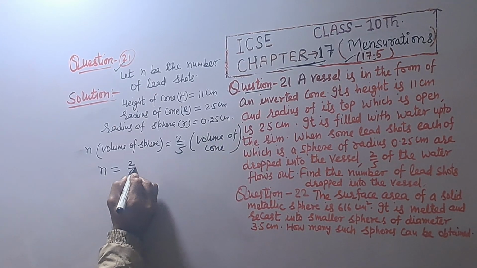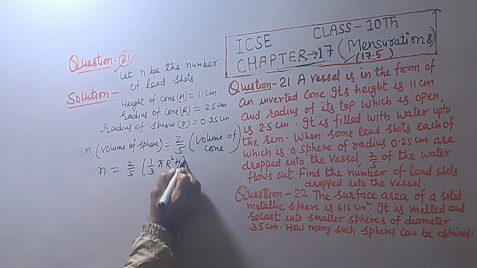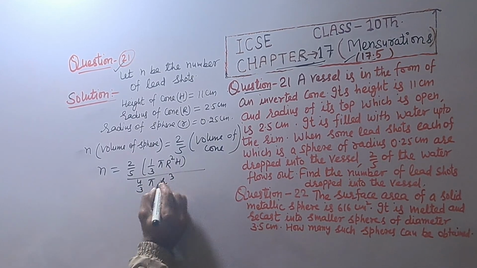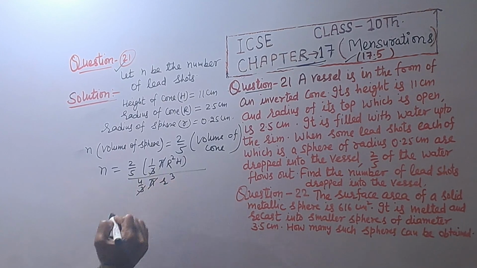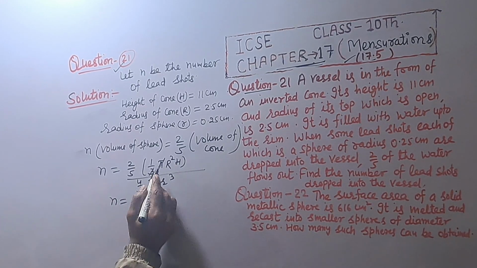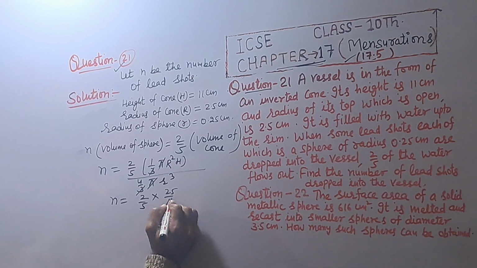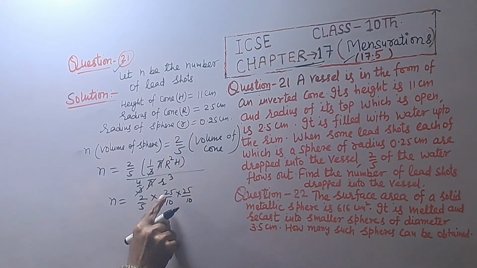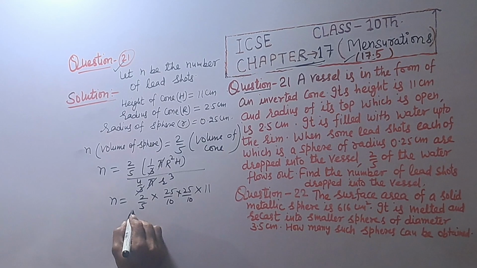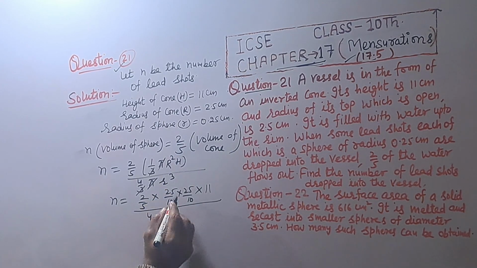So n is equal to 2/5 into 1/3 pi r square h divided by volume of sphere, which is 4/3 pi r cube. 3 is cancelled, pi is cancelled, and n is equal to 2/5 into radius of cone, that is 25/10 into 25/10, into height 11, divided by 4 into r cube.